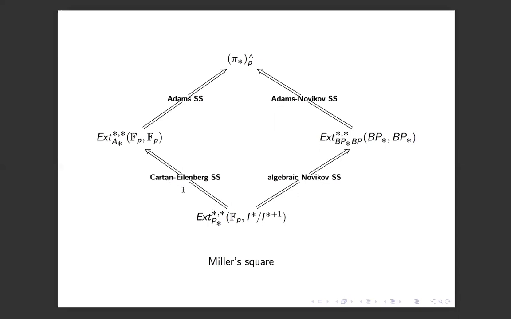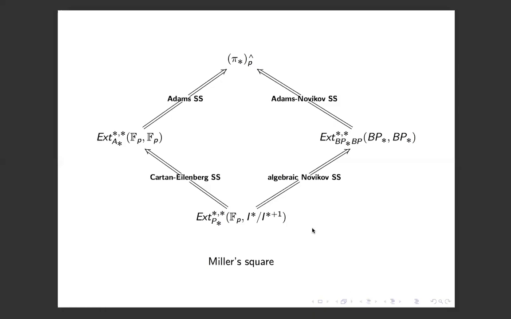There's also a Cartan-Eilenberg spectral sequence that converges to the Adams E2 page. Having this Miller square in mind, for any homotopy class in the end, we can compare everything in the E2 arrangement. That gives us one more way of comparing things on the Adams side and on the Adams-Novikov side.